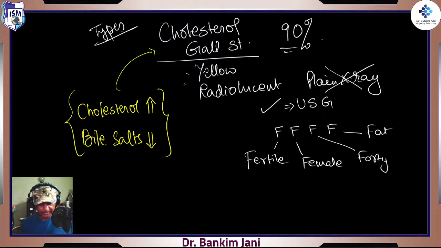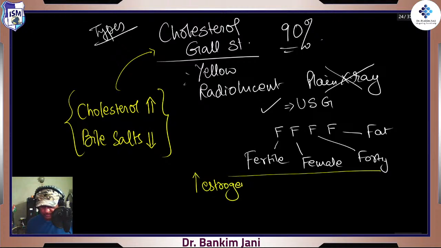Easy, simple. So now let's see how it really happens that there is increased cholesterol, and how those bile salts are decreased. It is in this phase of female life that there is increased estrogen.